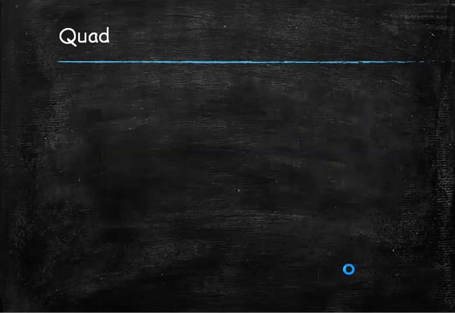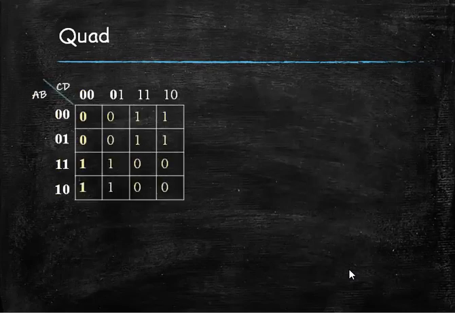Okay, the next example. Here there is a quad and another quad here.